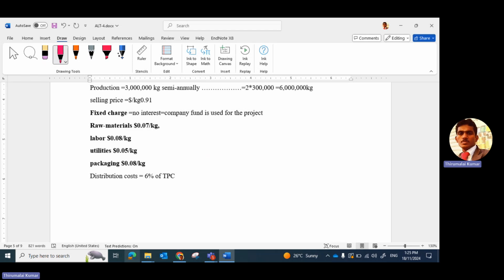Manufacturing cost is the summation of direct production cost, then we have fixed charge, plus planned overhead cost.